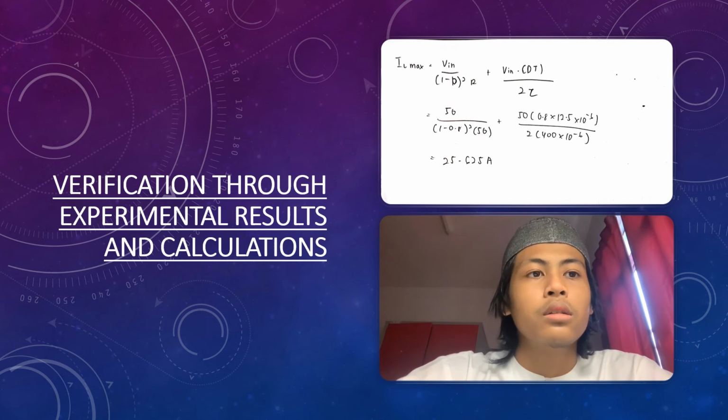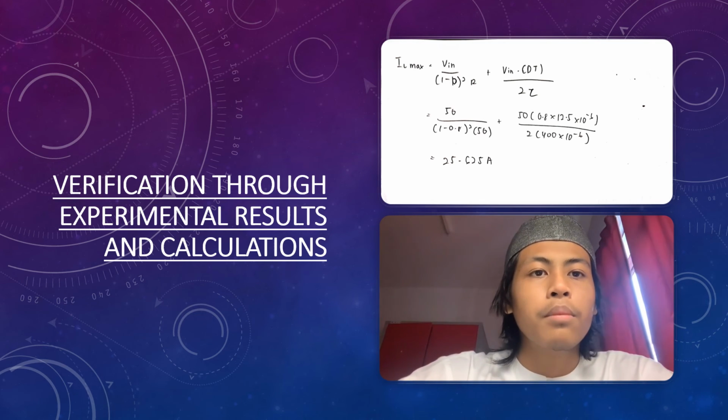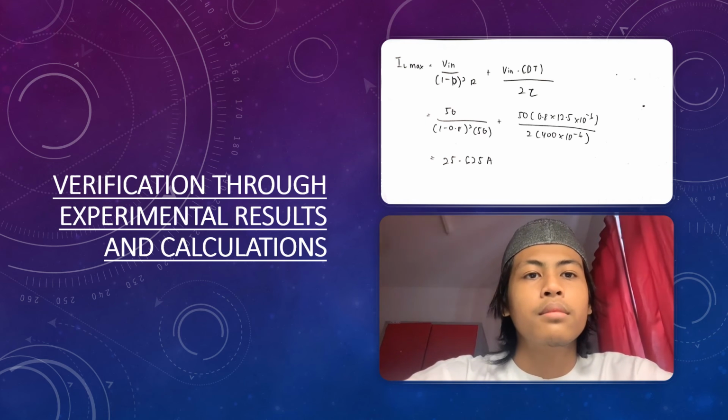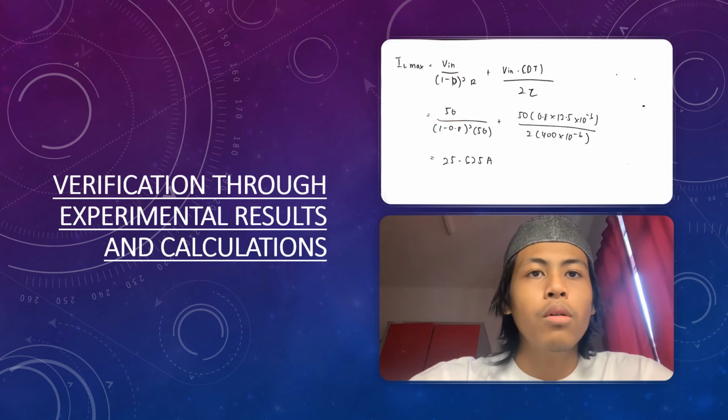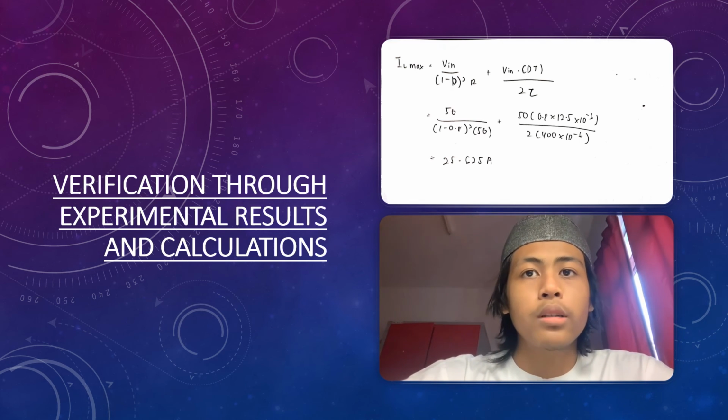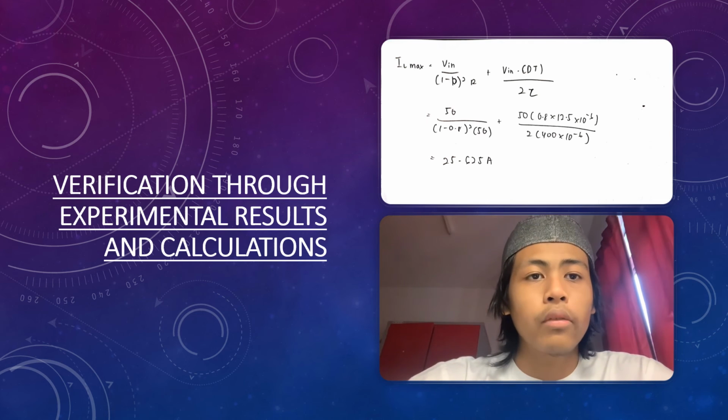The formula is voltage input divided by 1 minus D squared times resistance, minus voltage input times duty cycle divided by 2 times inductor. So the answer for the inductor current minimum is 24.375 ampere and the maximum is 25.625 ampere.